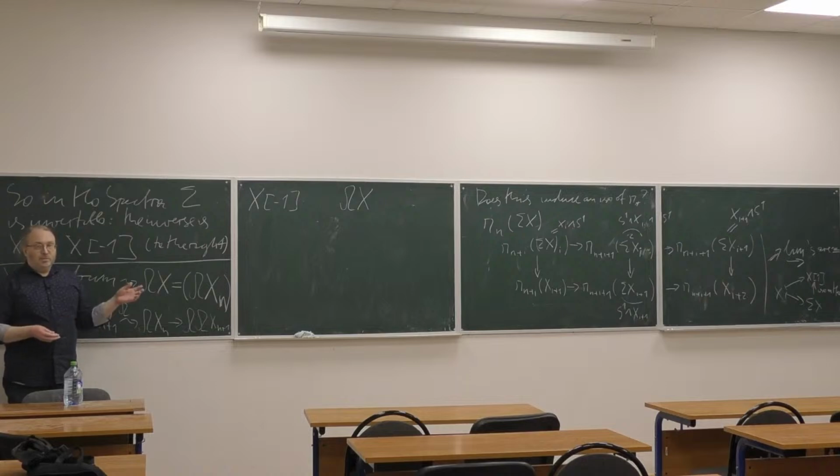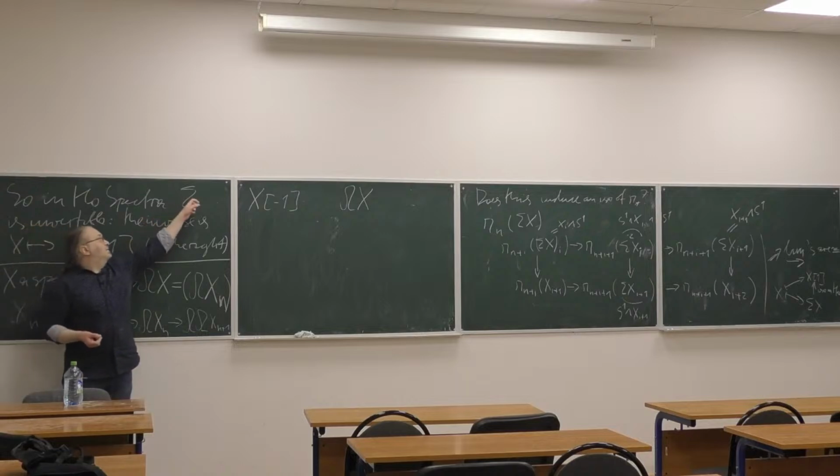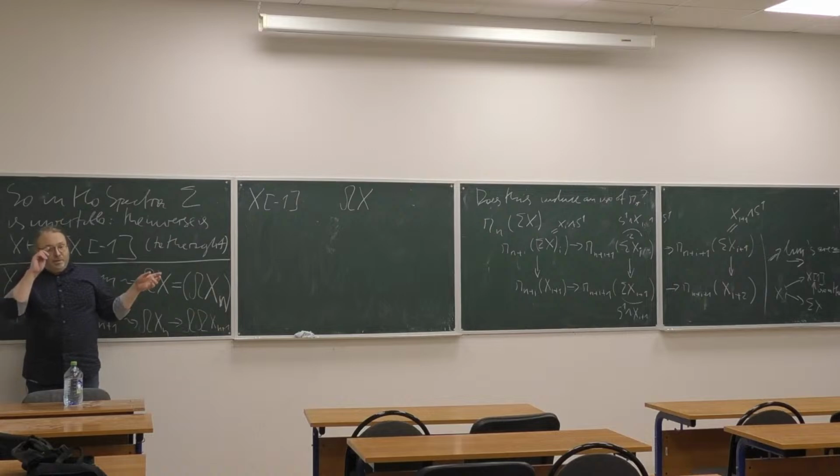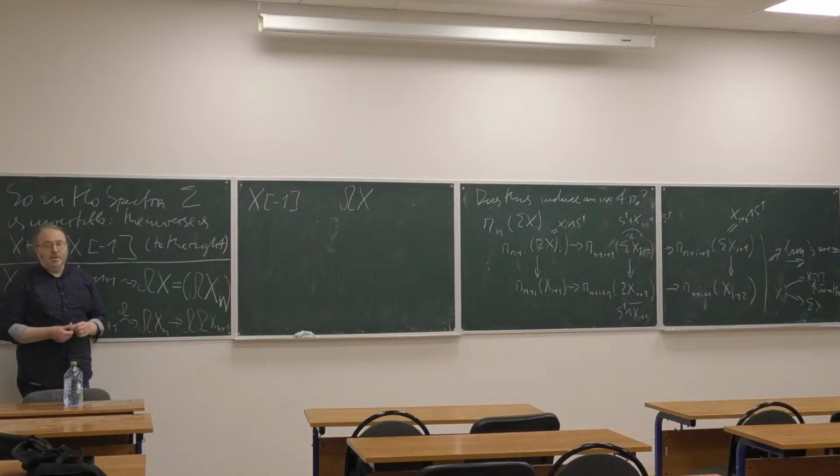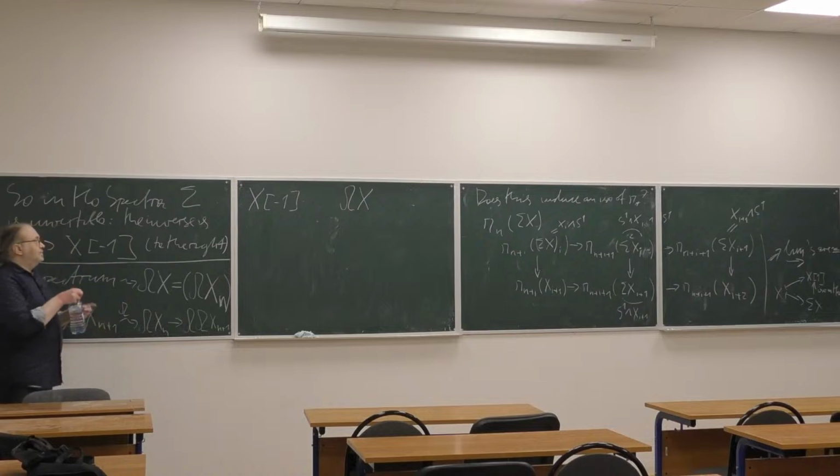And if I do this, then I will be able to conclude that for spectra, as opposed to spaces, sigma and omega are just the inverses of one another. Or equivalently, each of them is isomorphic to the corresponding shift.